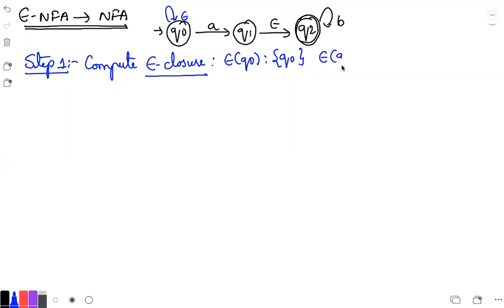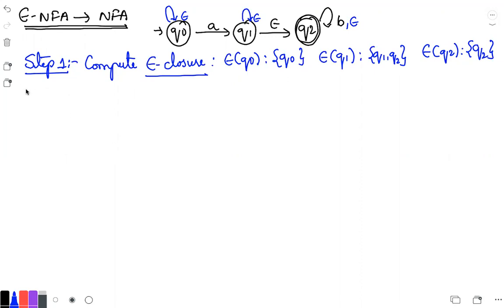What is the epsilon closure of Q1? Q1 and Q2, since Q2 is also reachable on epsilon. What is the epsilon closure of Q2? Q2 only. So these are the epsilon closures.